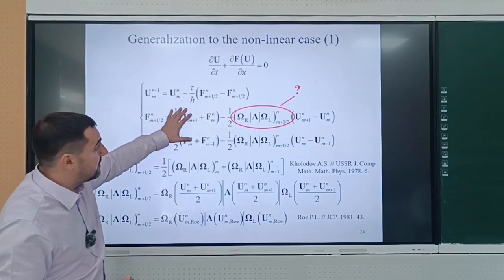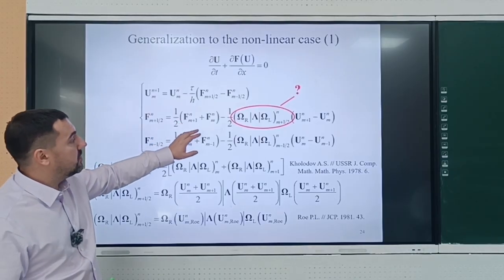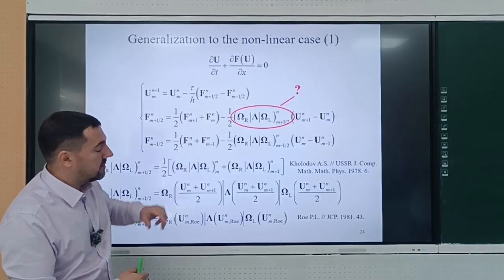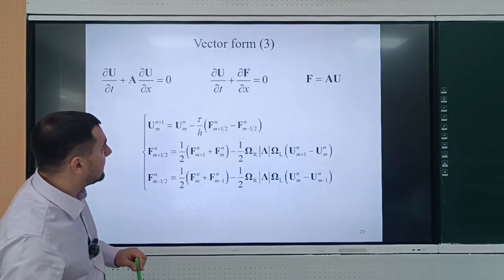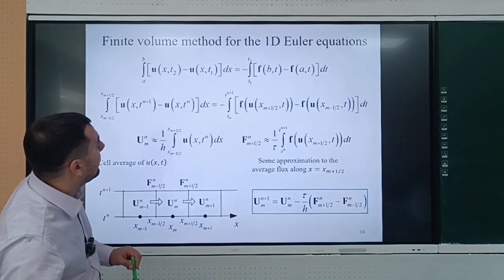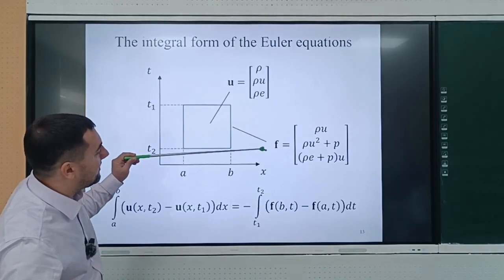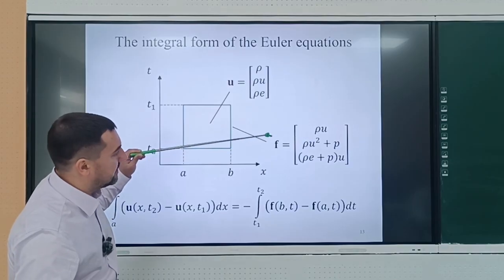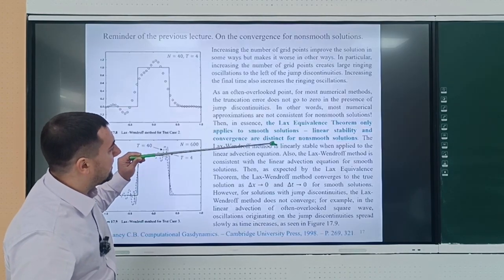So if you want to use this numerical flux in practice, what do you need? You need these matrices. So for all equations, what is F? Let's check that we understand what's going on. For all equations, the capital F is this one, computed at m, n, right?